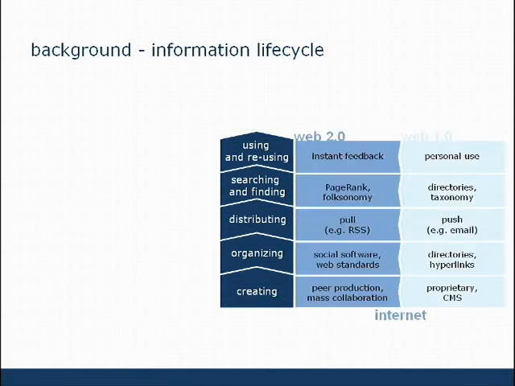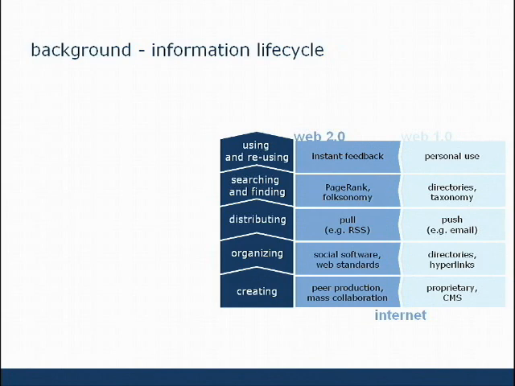So if we look at Web 1.0 versus Web 2.0, we're used to seeing this migration from things like strictly personal use through to stuff where there's mass participation, there's instant feedback on the stuff that you do.